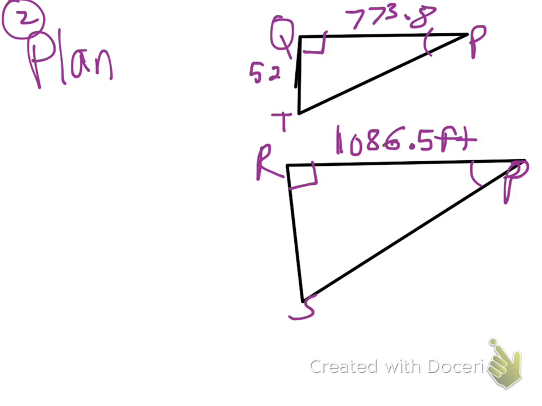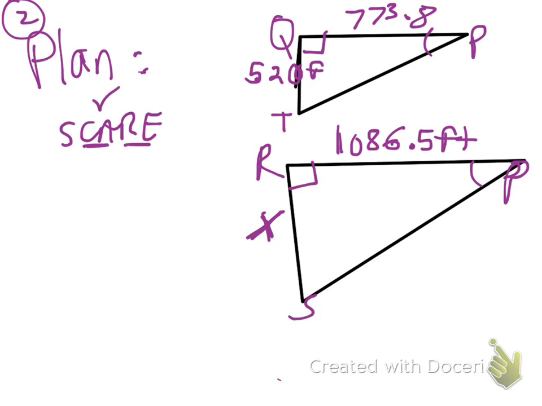QT they gave me was 520 feet. And this RS is my X, or my unknown side length. So my plan: I know that similar triangles have congruent angles and ratios that are equal.